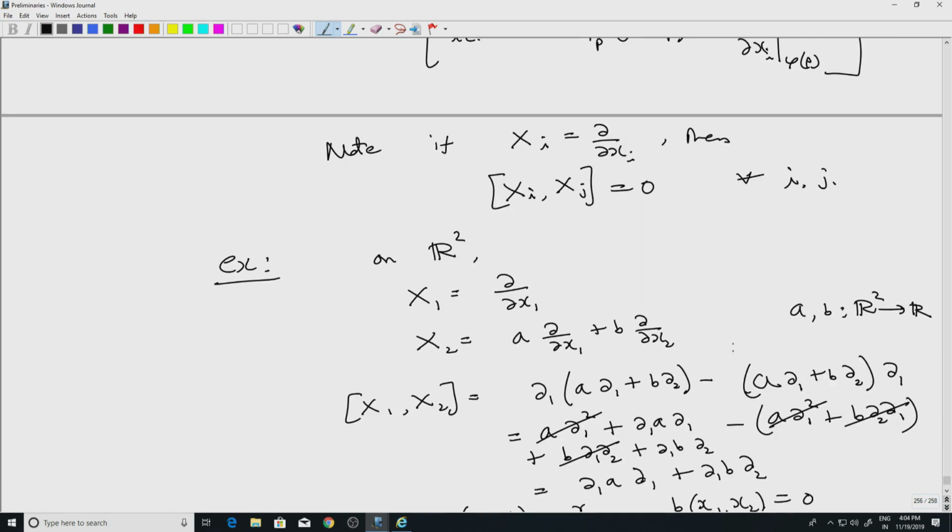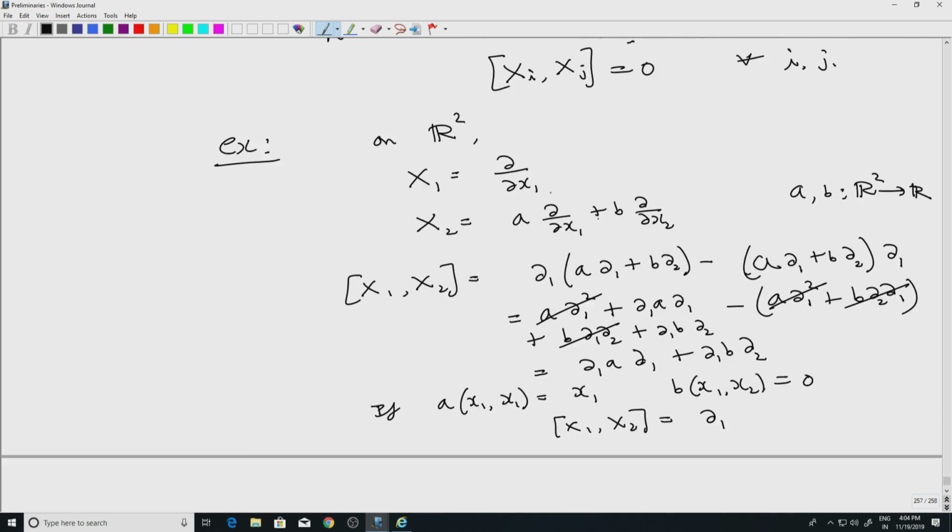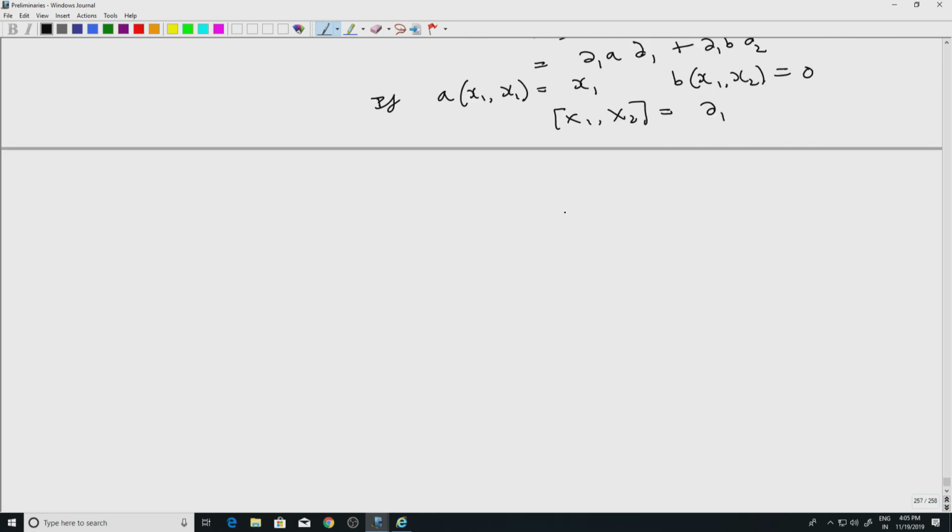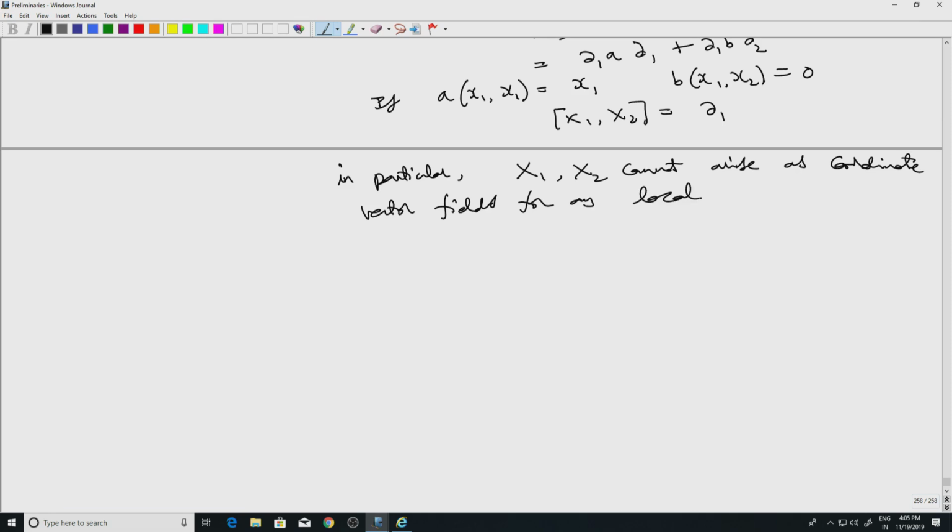So in particular, X1, X2 cannot arise as coordinate vector fields for any locally defined diffeomorphism, for any chart.